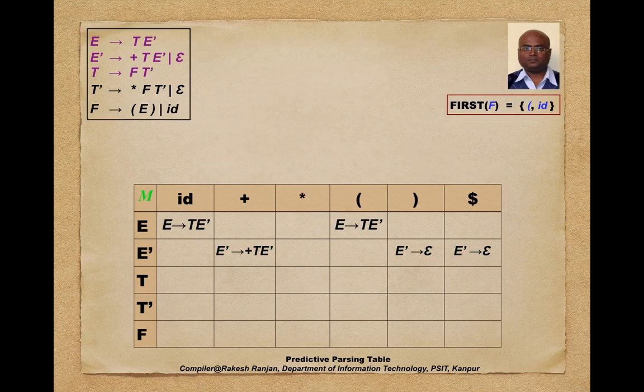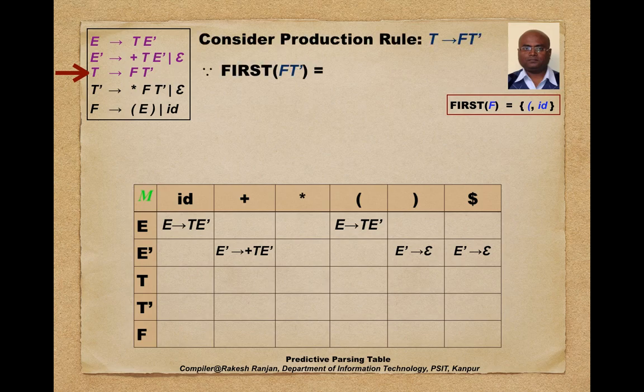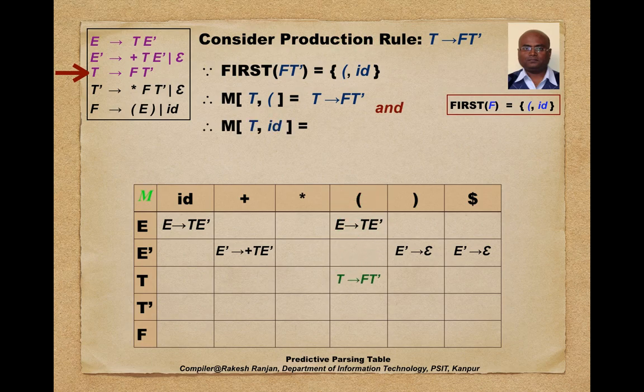Next, we will consider T arrow FT dash. The first of FT dash is parenthesis open and id. So in the table M, at T and parenthesis open, T arrow FT dash is placed, and at T and id, T arrow FT dash will be placed.